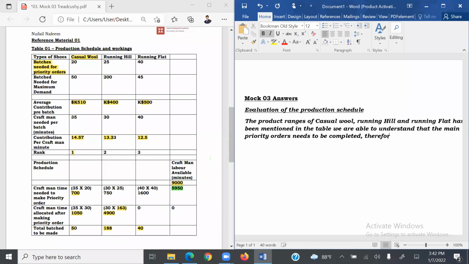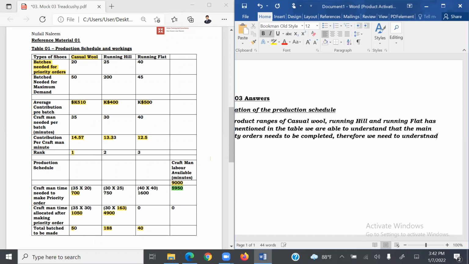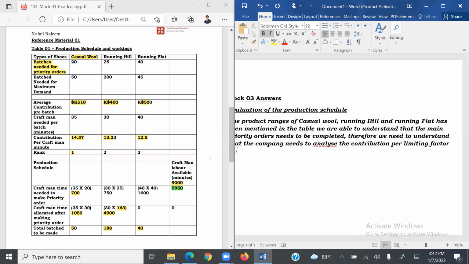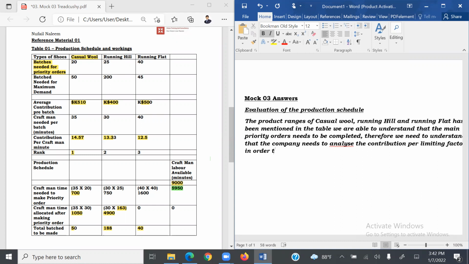Therefore, get this understanding carefully. We need to understand that the company needs to analyze the contribution per limiting factor in order to make a decision.